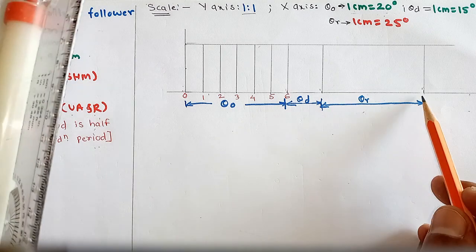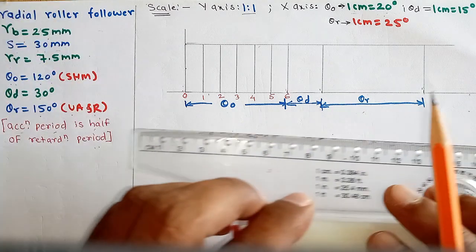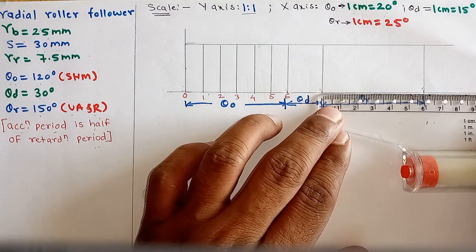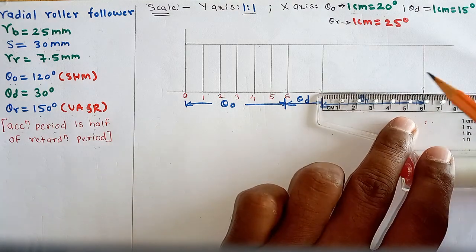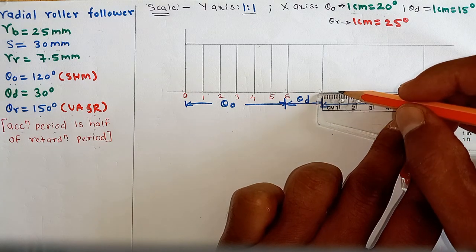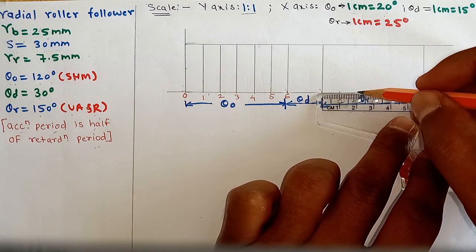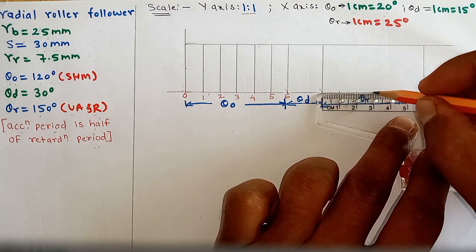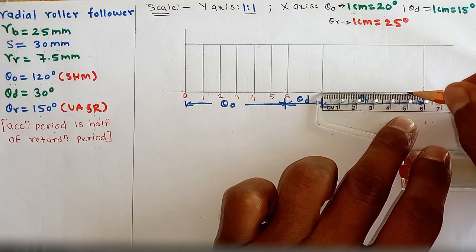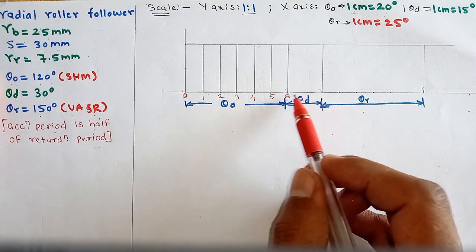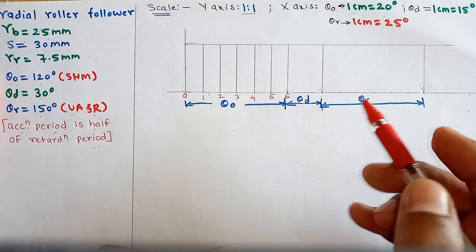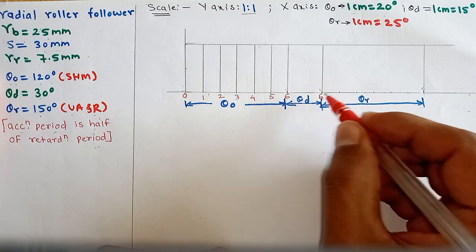Now similarly, we will divide the return stroke angle into 6 equal parts. So return stroke angle is 6 centimeters representing 150 degrees. So I will get 1 centimeter for each division. Let us number these divisions. So this is dwell period. So start of dwell is 6, end of dwell will also be 6.